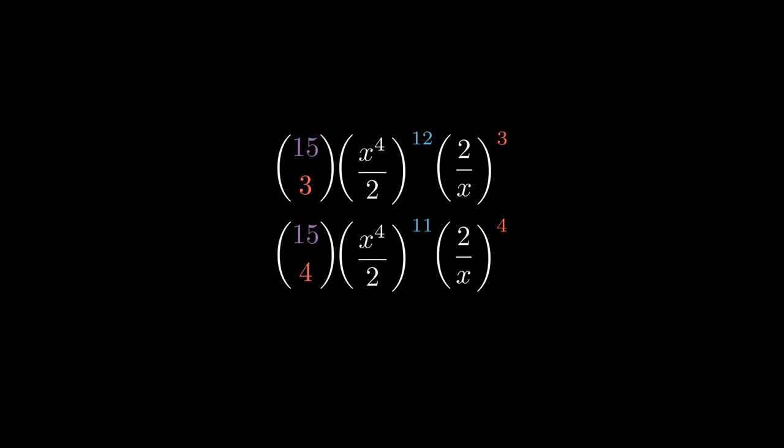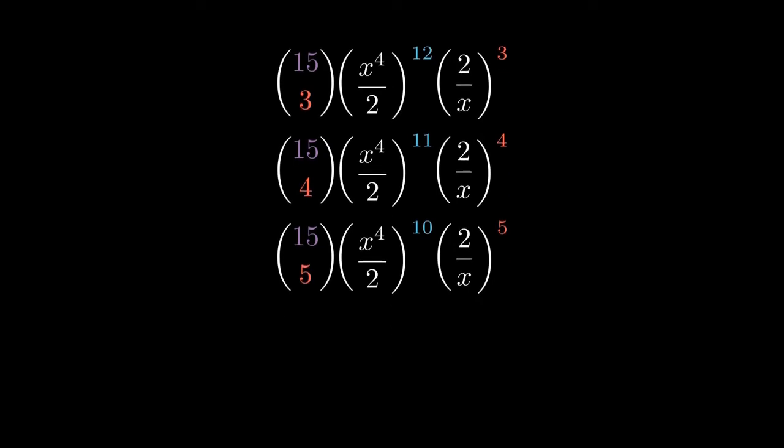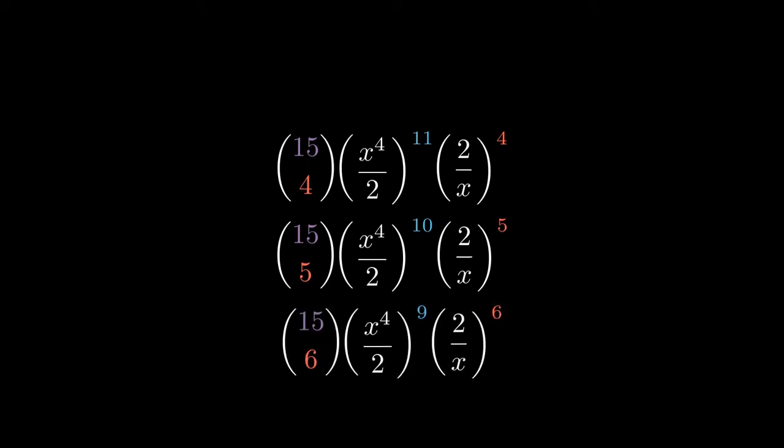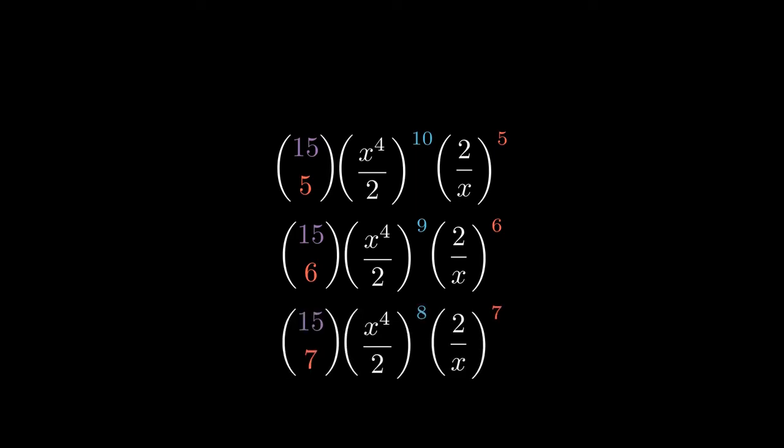Keeping in mind that the blue plus the red must equal 15, try to think about when we're going to hit this. When is the power in the numerator the same as the power in the denominator? They're approaching each other, but they're pretty far apart.